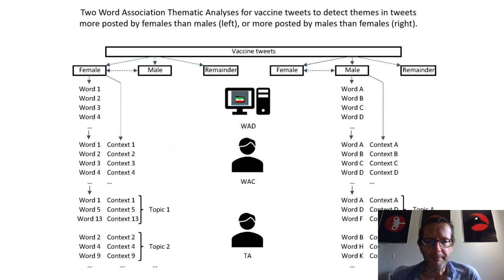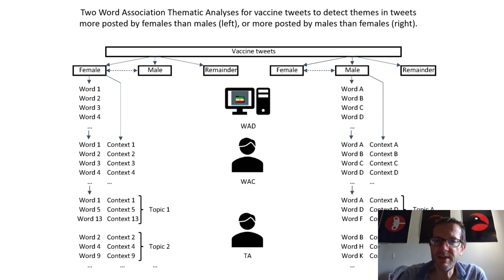Okay, so returning to the picture showing word association thematic analysis. This picture describes a full study which compared male to female vaccine tweets. Here we have 2 sides of the picture instead of one. The words are identified by Mojde from the female tweets compared to the male tweets about vaccine, and then the human identified the context of the words and split them into topics or themes.